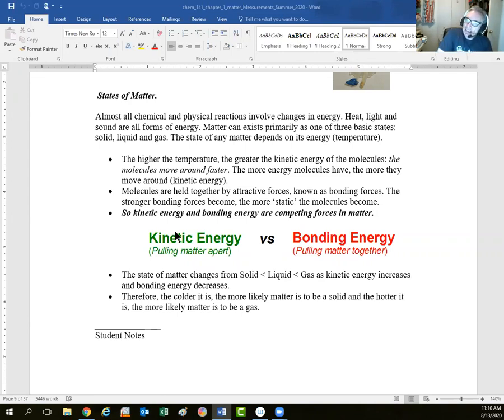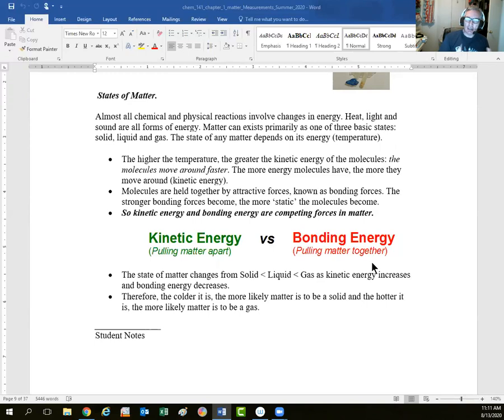Now, working against this chaos that the world is trying to create, we have the forces of attraction between one molecule and a neighboring molecule. So we're talking about an attractive force between an oxygen molecule and another oxygen molecule, or the attractive force between a molecule of sodium fluoride and another molecule of sodium fluoride, or another unit.